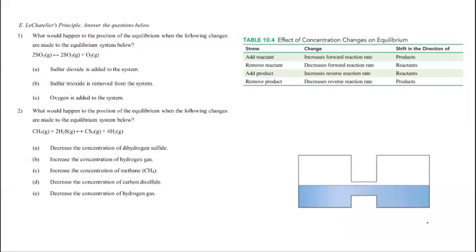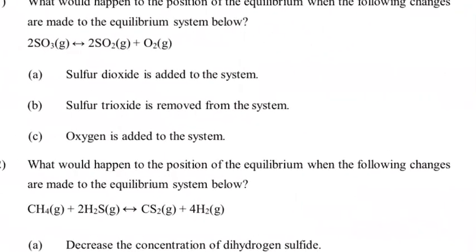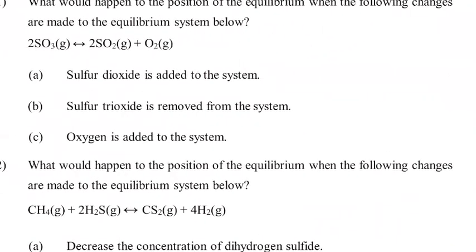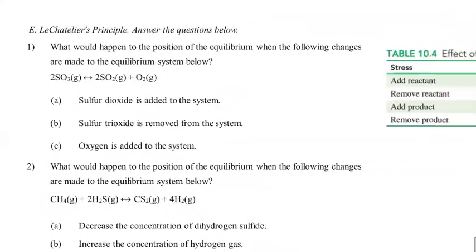So we can see in the corner that we have the following reaction that is in equilibrium, okay? We have SO3 decomposing to make SO2 and O2. So that is our system in equilibrium.